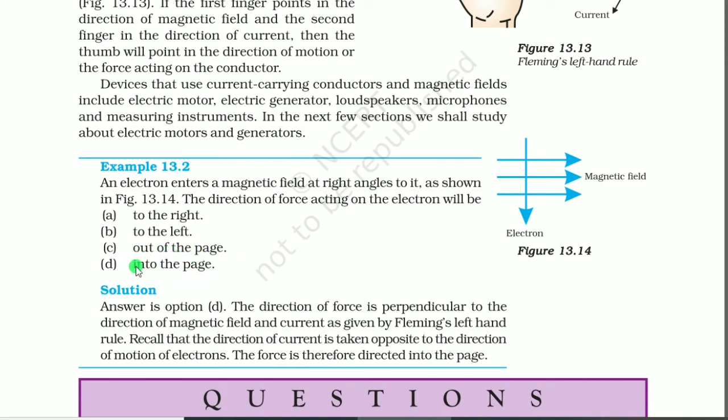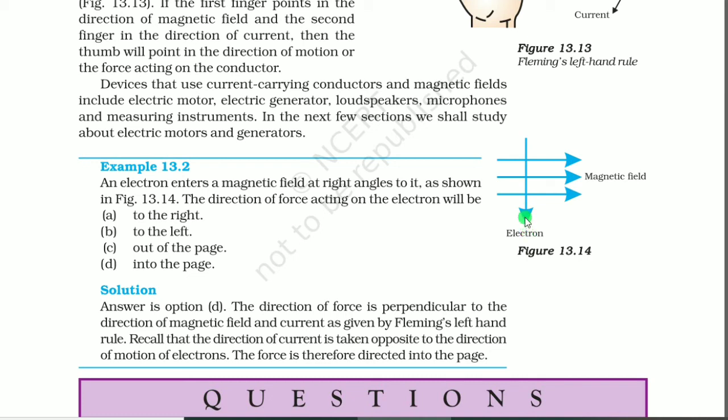But when will the answer be out of the page? Suppose a proton is moving instead of an electron; if the question gives that a proton is moving, then the proton direction will coincide with the current direction. Then keeping the magnetic field direction, that is the index finger, intact, you have to move your middle finger vertically downward.